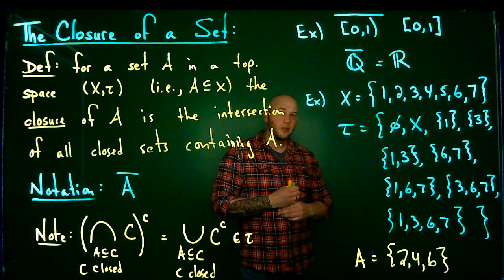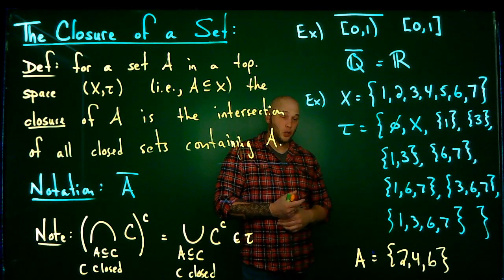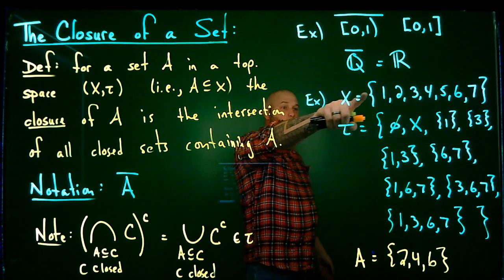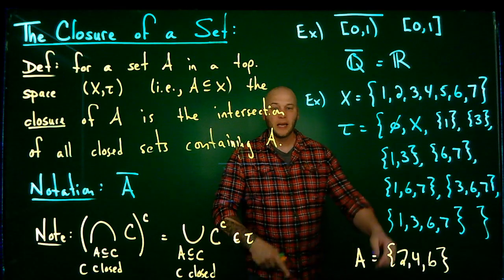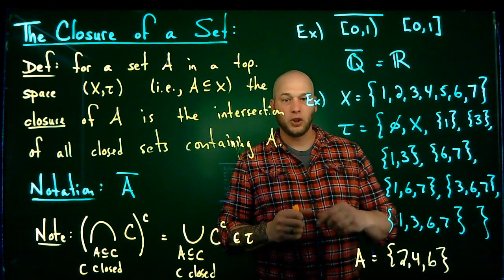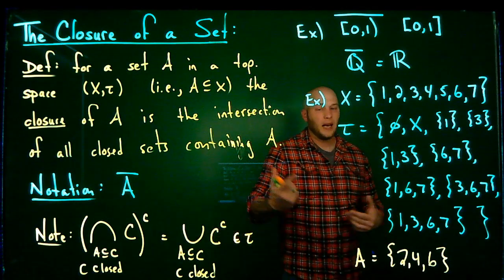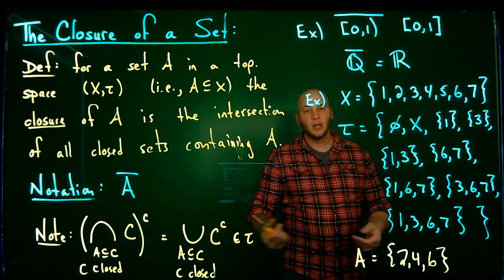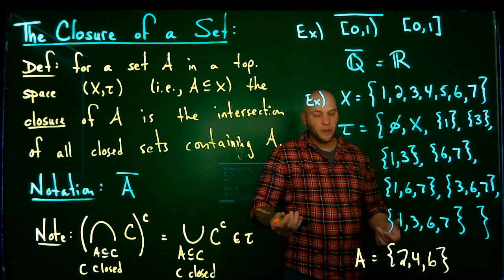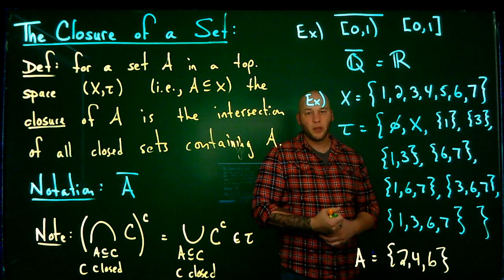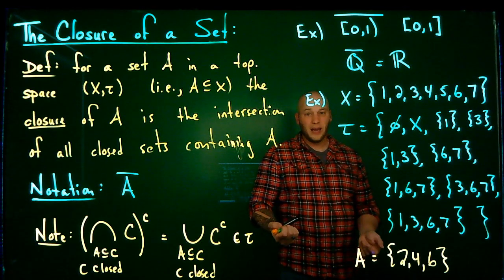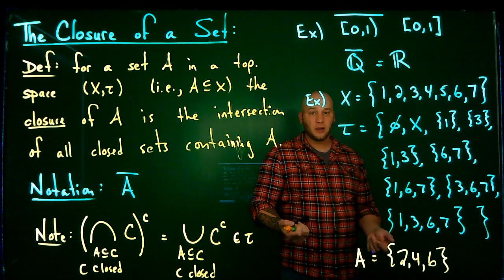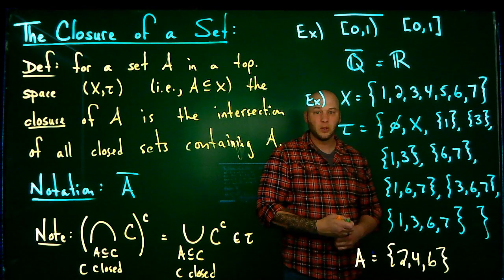So what is the closure of {2, 4, 6} in the set {1, 2, 3, 4, 5, 6, 7}, given this topology on that set? If I go back up to this example here on the real line, we have so much practical experience with using the real line, even when we didn't really understand topology or what the usual topology was.